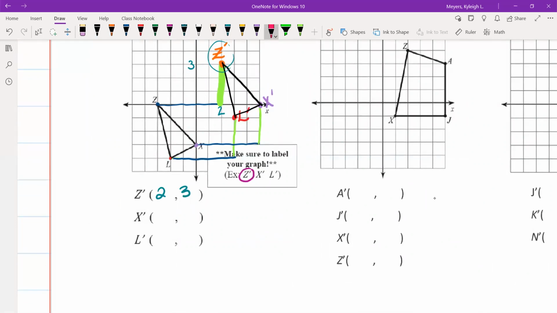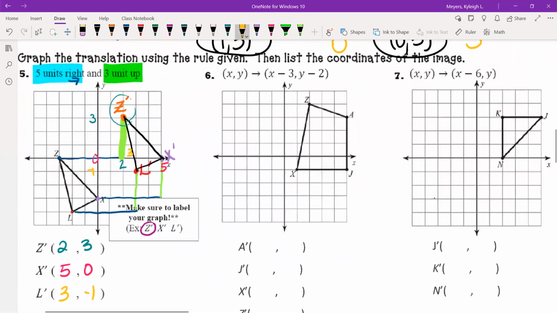X is at 5, 0. At 5, 0, because it comes X first, then Y. And then L is at -1. No, sorry, at 3, -1. 3, -1.